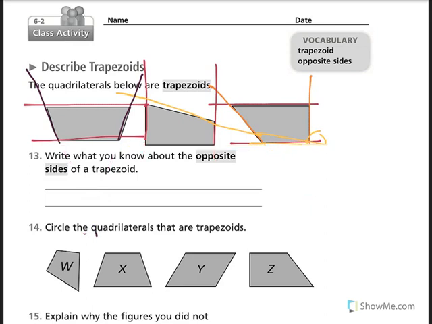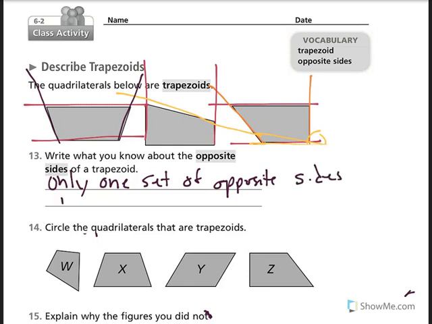What do we notice about the opposite sides of a trapezoid? Well, only one set of opposite sides is parallel. The other set is not.